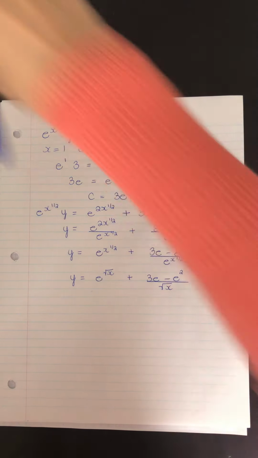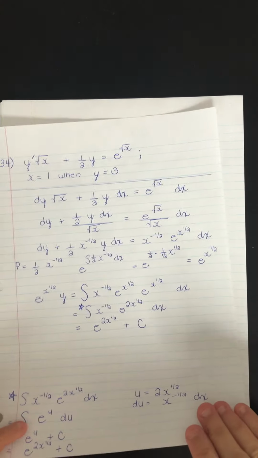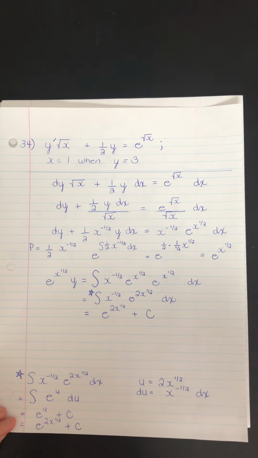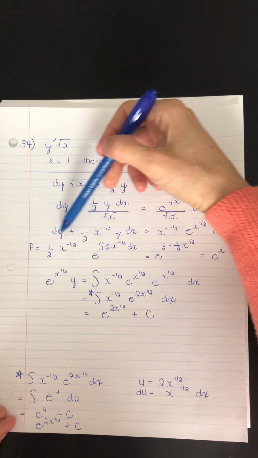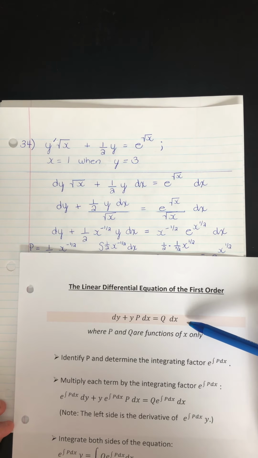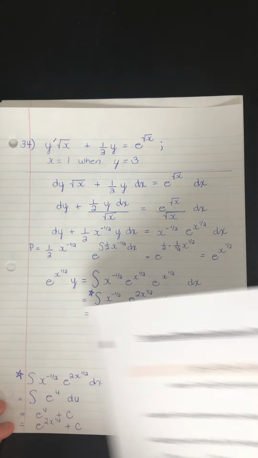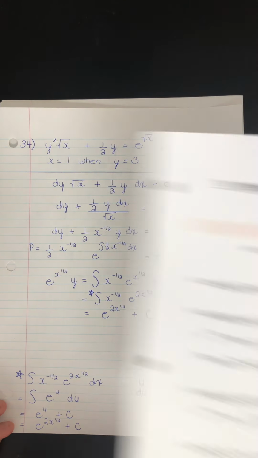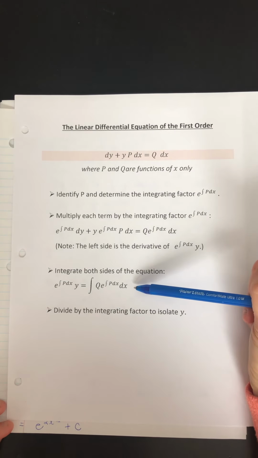Okay, I hope that you're understanding the process well. Remember, it's imperative that you get the equation in the correct form first. The form has to match this one so that you can determine P and your integrating factor. Once you have that, you can jump way down to here.